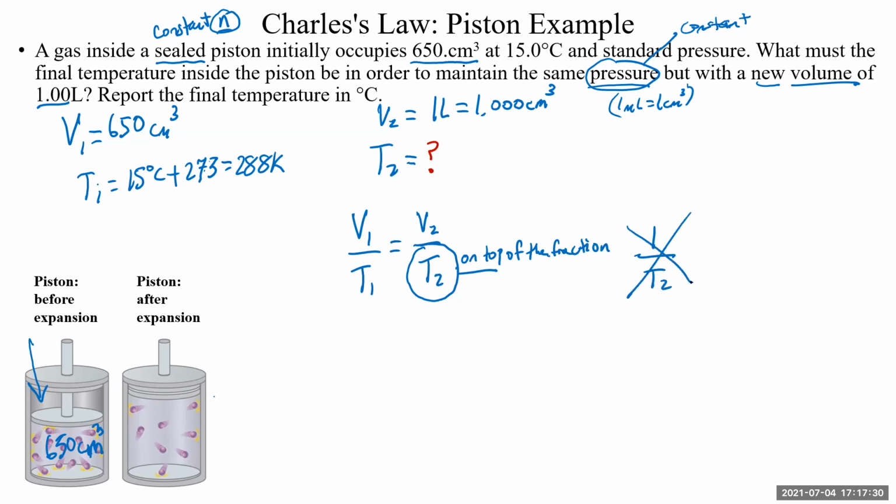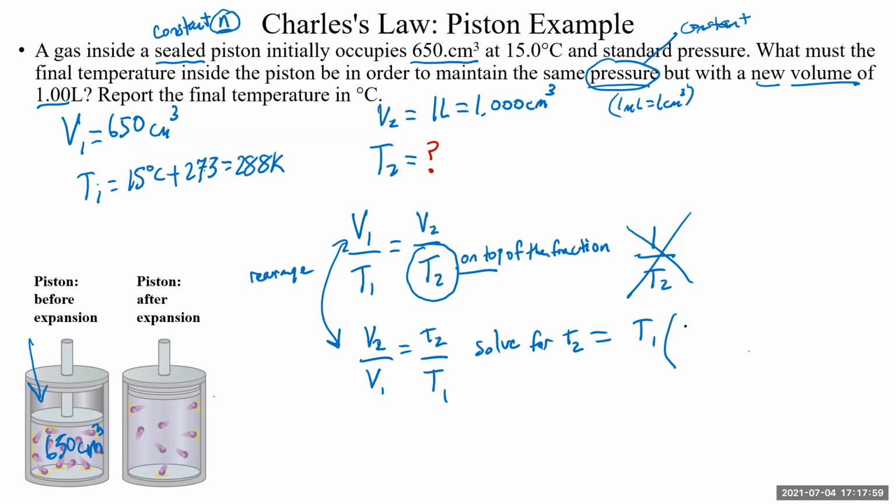So it's important for you to be able to do that. Another way to avoid this is to rewrite your Charles's law equation like this: V2 over V1 equals T2 over T1. Same formula, by the way, just a different rearrangement. Then solve for T2. That's another way you can do this. T2 is going to equal T1 times V2 over V1.